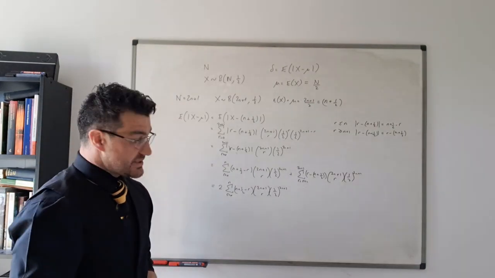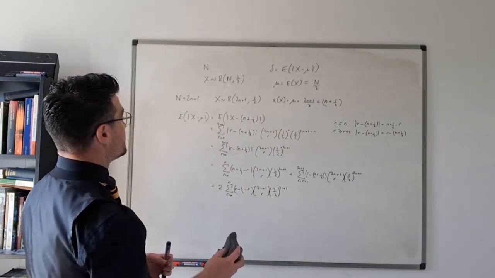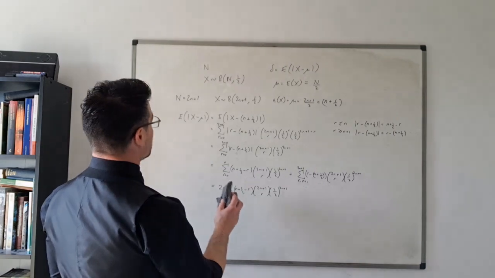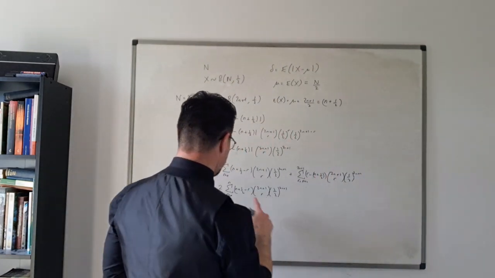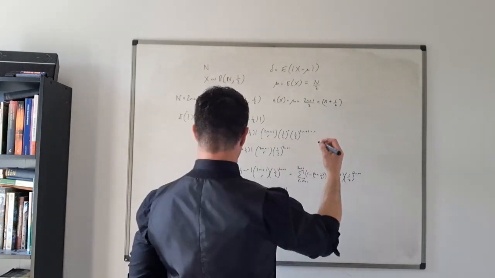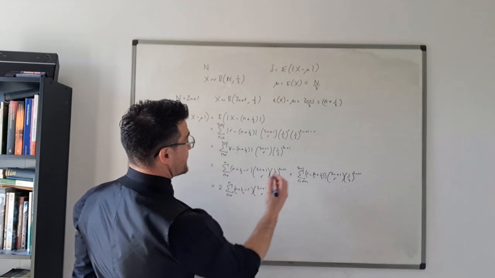But we now need to continue with this. So let's do that. I'm going to make a note of this because I need to clear some space. Actually, I could just tidy this up a little bit.